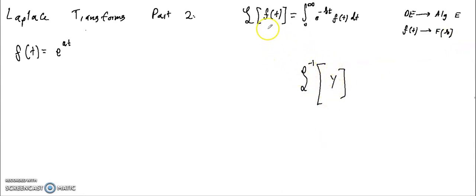You use a Laplace transform of a function of t to get it in the form of s, and then you find the inverse Laplace transform to get it back into the form of t. And when you do that, you will get the equivalent function that is your solution to the differential equation.